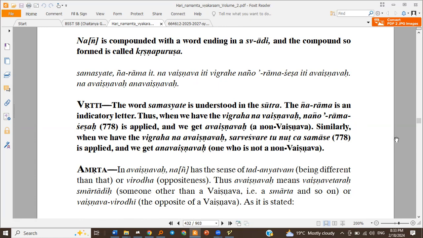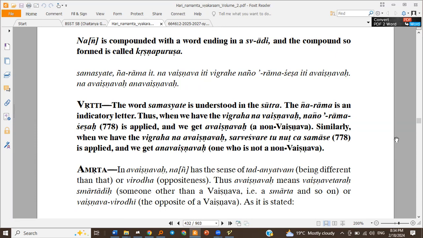Similarly, when we have the Vigraha Na Avaishnava, Sarveshware to Nutcha Samase is applied and we get Anavaishnava.